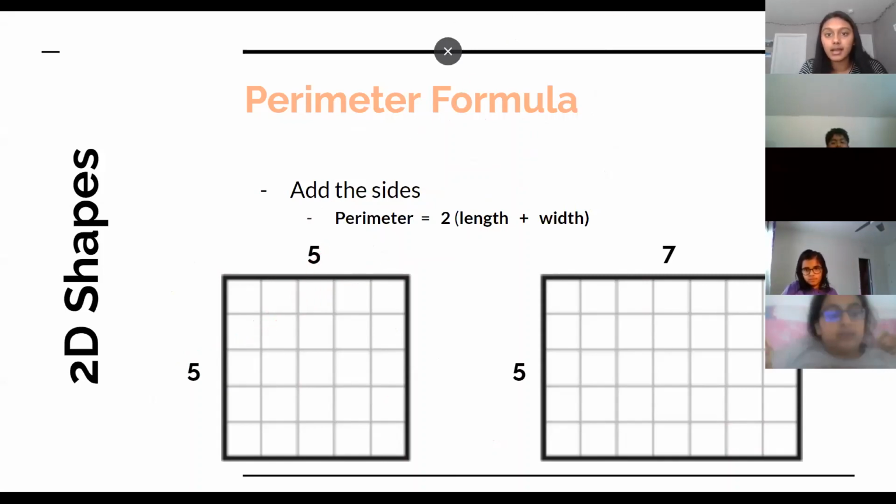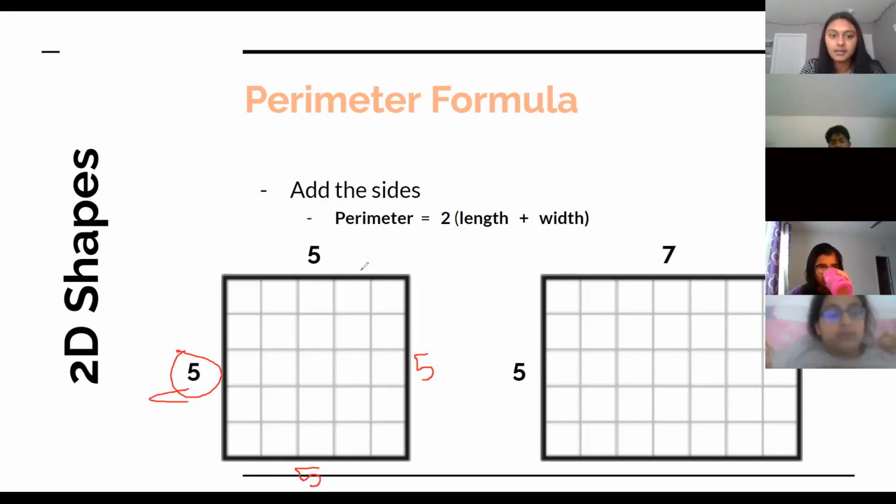So you see that there's a 5 here, and then there's another 5 over here. And the same thing, there's a 5 here, and there's another 5 over here, right? So when we multiply times 2, we're just adding these 2 plus these 2.